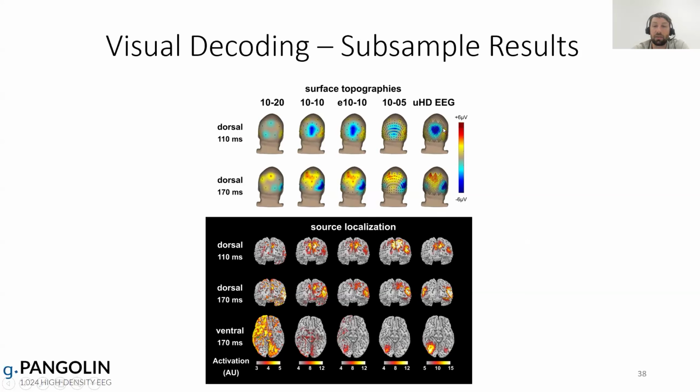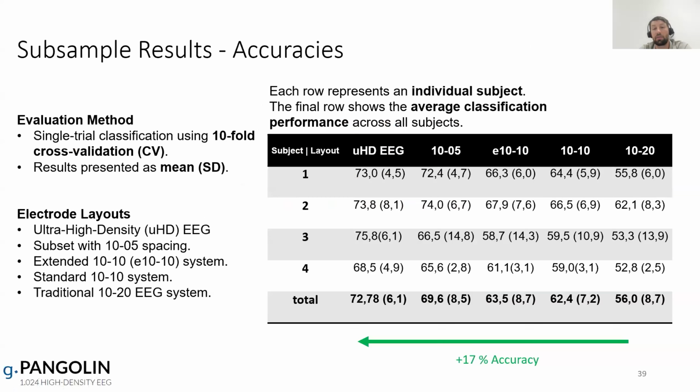And the higher the density goes, the clearer are the borders of the actual activation. And similarly for source localization, we found stronger activation with higher sensor counts and also more focal spots compared to lower densities, which shows us the improvement that we can gain with the system.